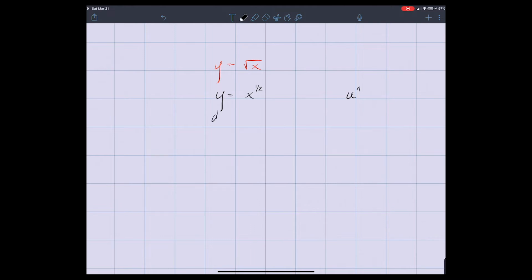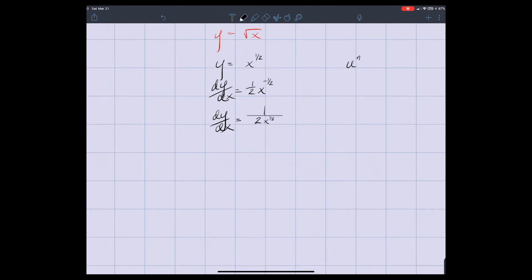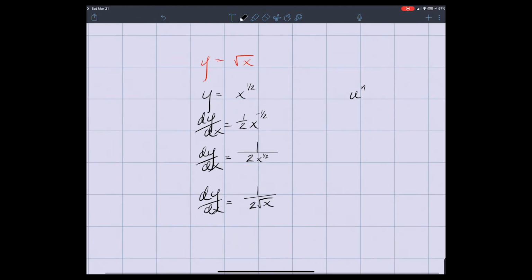And so now we can do this. And now I need to subtract 1, so this becomes negative 1/2. And now we just clean it up with algebra. 1 over 2 x to the 1/2. And I'm just showing you all the steps, just in case you get lost somewhere. There you go. And that's how you do it.